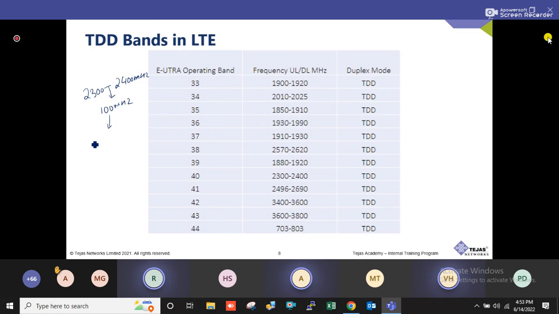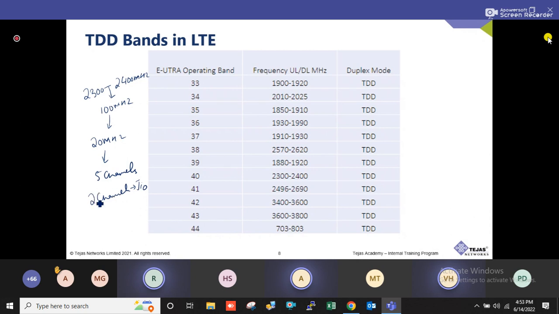If we consider the highest bandwidth available in LTE is 20 megahertz, we can have 5 channels in the 2300 band. In this, 2 channels are already occupied by Geo. Most of the circles have 20 plus 20, 40 megahertz. It's 2 different channels, not a single channel, because there is no 40 megahertz bandwidth available in LTE.